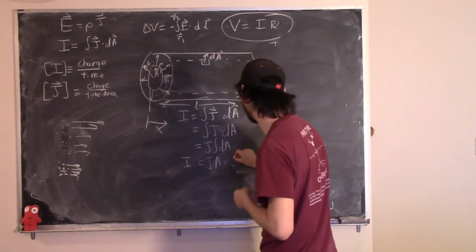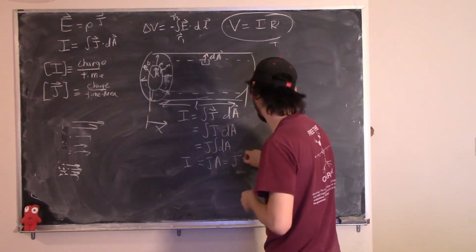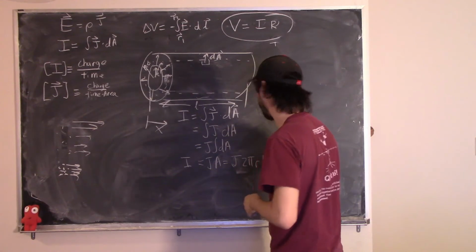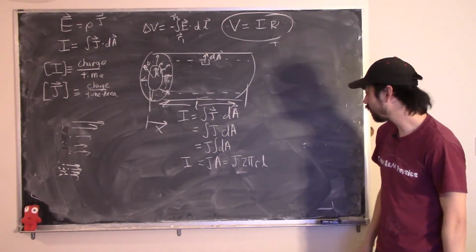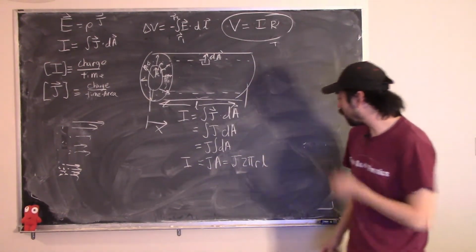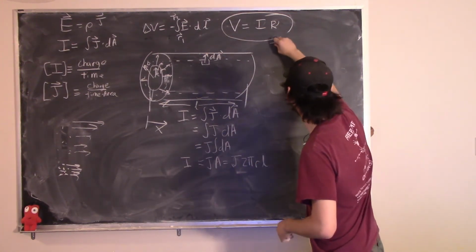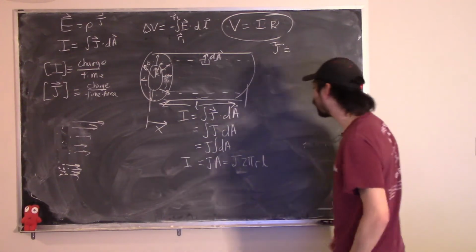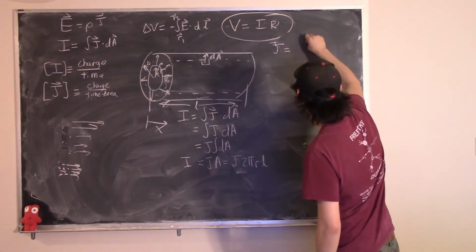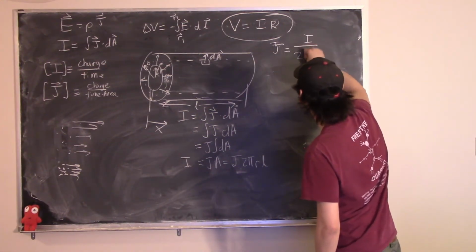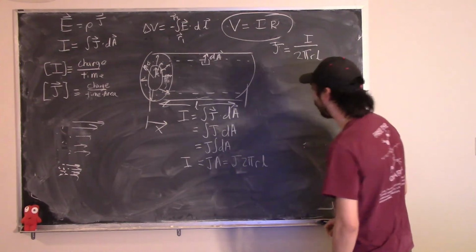And so this is just going to be J times 2 pi r times L. Okay? So now we can rearrange this again, and what we see is that our current density, J, is just going to be equal to I divided by 2 pi r times L.